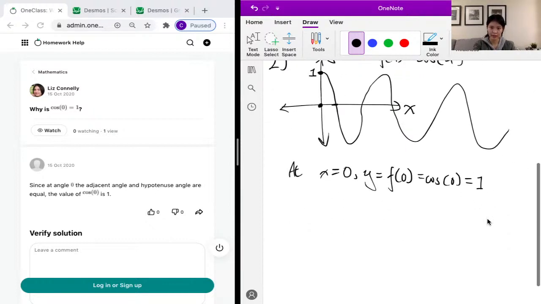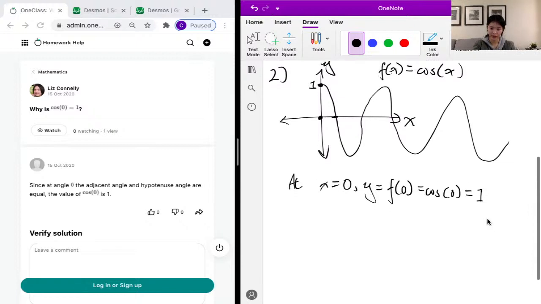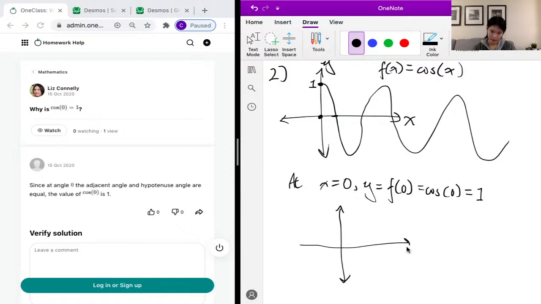The other reason is that the cosine function is derived from the unit circle. We know that on the unit circle, the x values are the cos values, and the y values are our sine values. So here we have 1, 0. Here we have 0, 1.